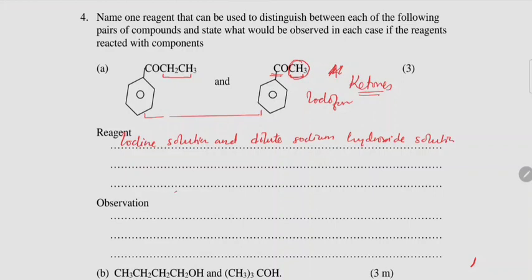So now the one which has this is going to give us a yellow precipitate, while the other one is going to give us no observable change because the methyl group is not adjacent to the carbonyl group.